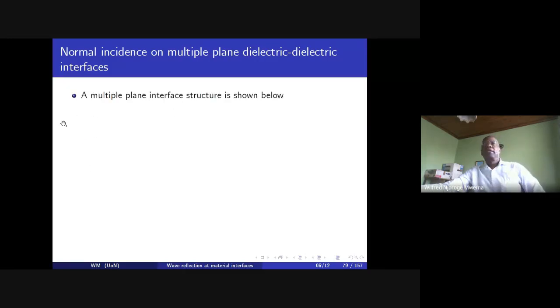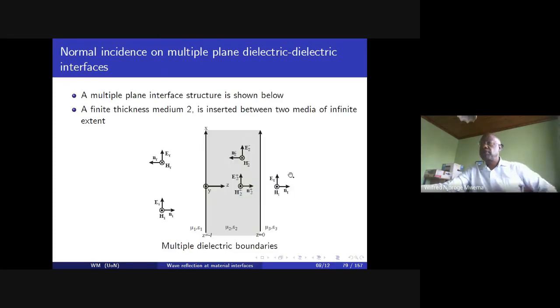So a multiple plane interface structure would be shown as follows. We put a medium 2 between two media, medium 1 and medium 3, separating them. But now this medium 2 is not of infinite extent.